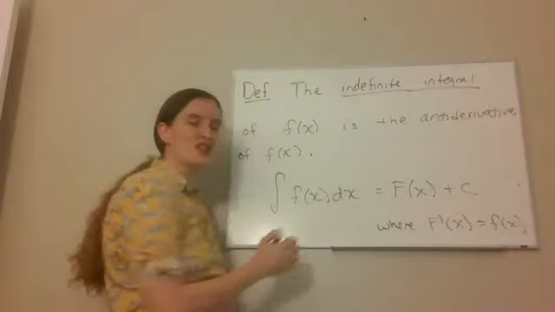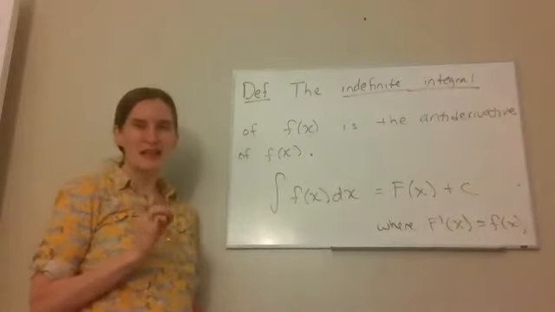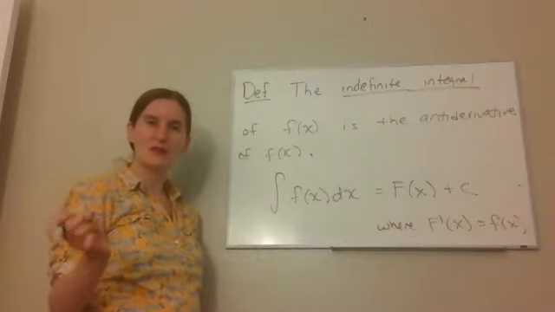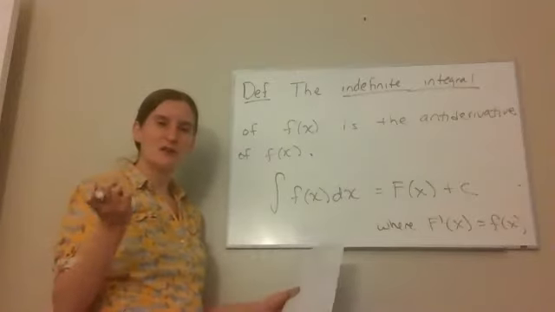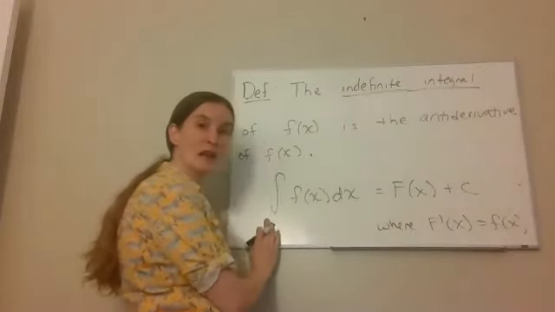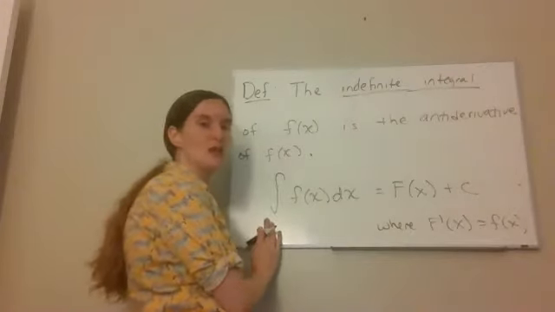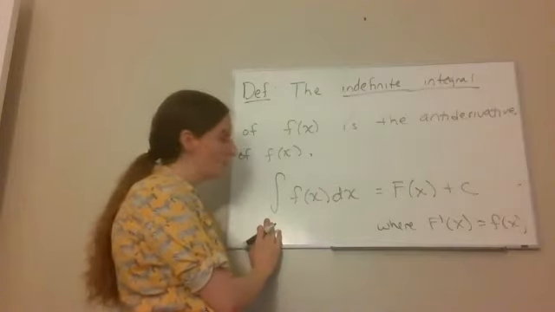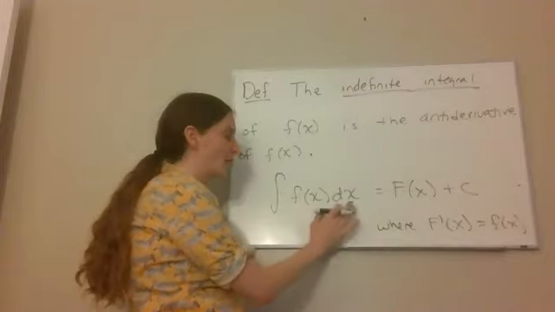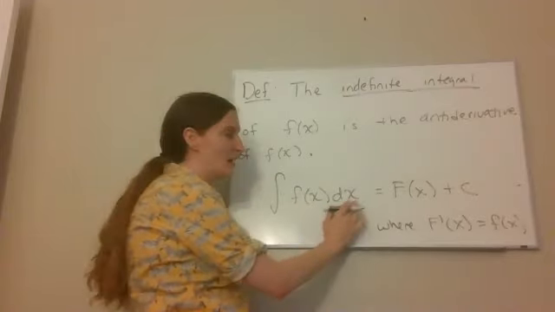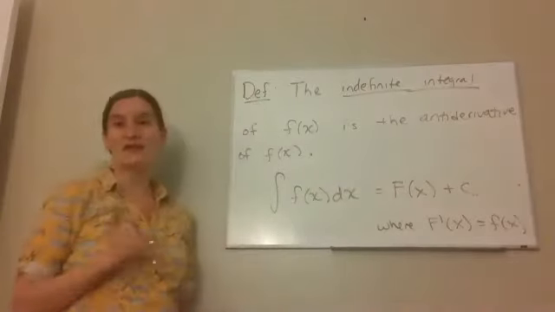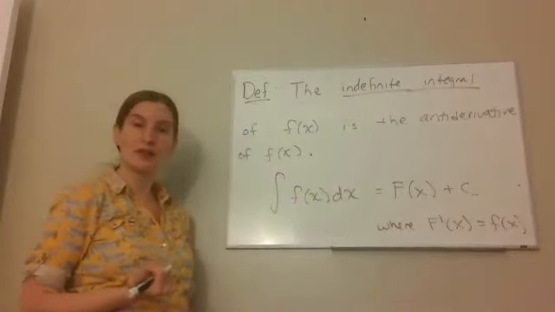This dx is actually a differential. We're going to get into that a little bit more. I know we talked about differentials earlier in the semester, but for now, you can just think of this as being paired up with this integral symbol telling you you need to find an antiderivative. So the integral of f of x with respect to x is equal to capital F plus c, where capital F is an antiderivative of little f.